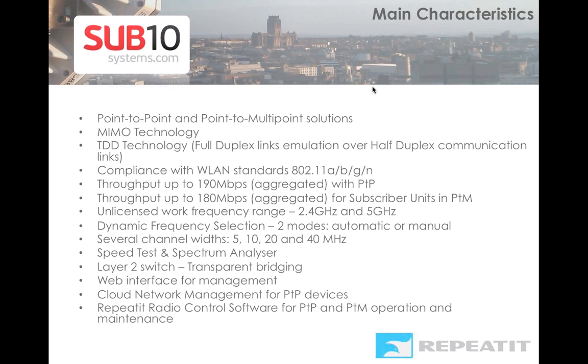If you look at a PTP solution, point to point, when you have just two units connected together, we can achieve up to 190 megabits per second. This is aggregate, again the sum of downlink and uplink. And this speed, which I am presenting as 190, is user throughput. It's the speed you can measure from Ethernet port to Ethernet port.